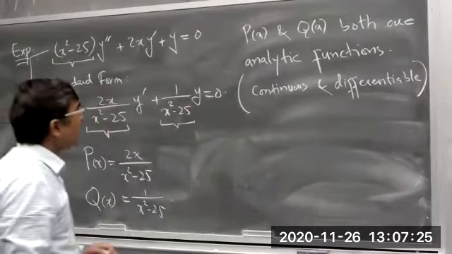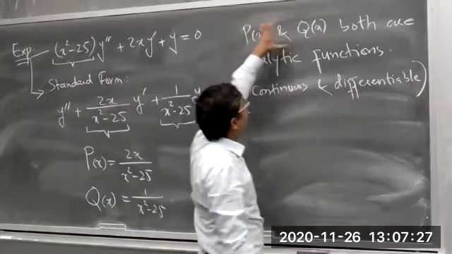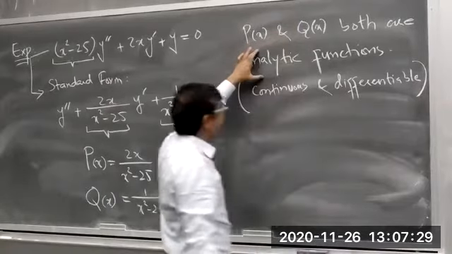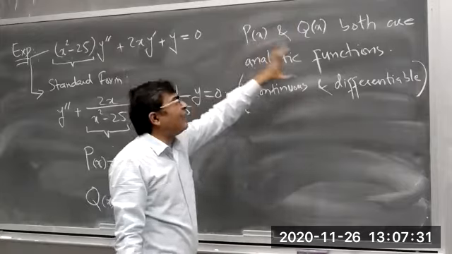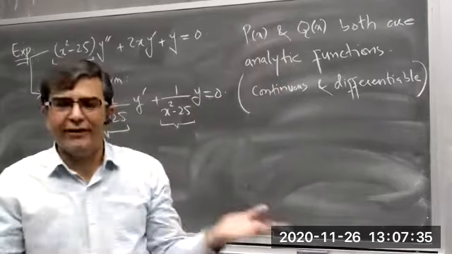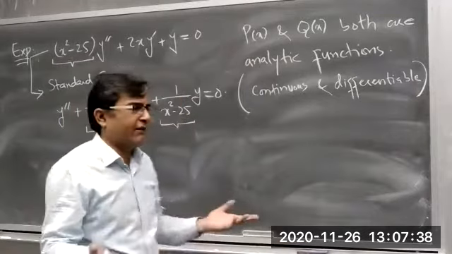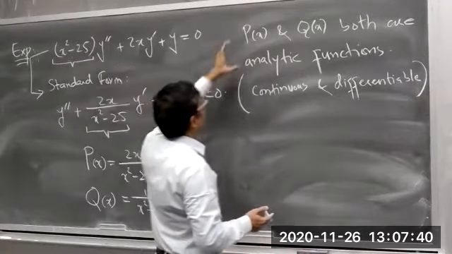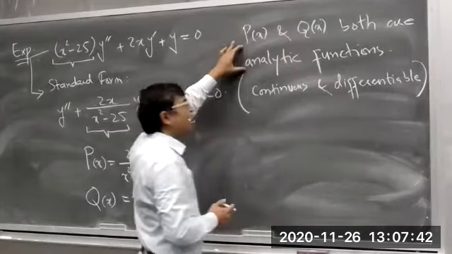Then we say that the function is analytic. Analytic functions are those functions which are continuous and differentiable up to infinite order. All their derivatives exist and they are continuous. So those kinds of functions are called analytic functions.